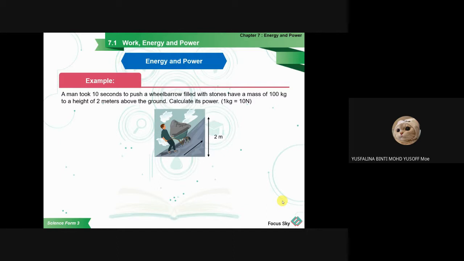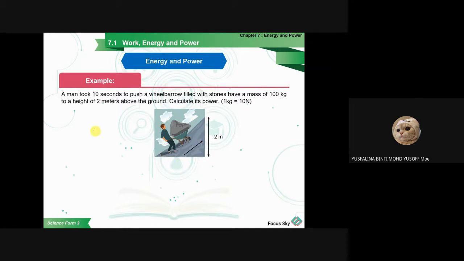Calculate its power. 200 watt. Okay, very good, 200 watt.